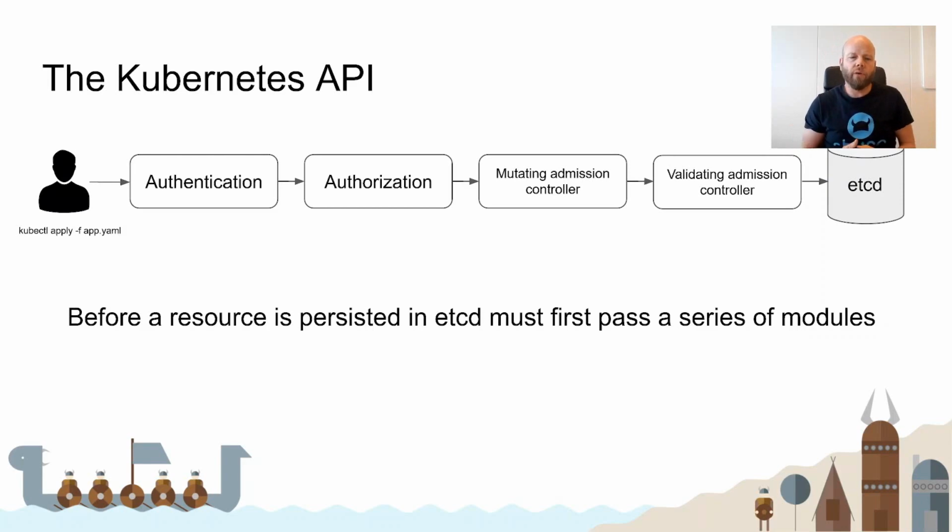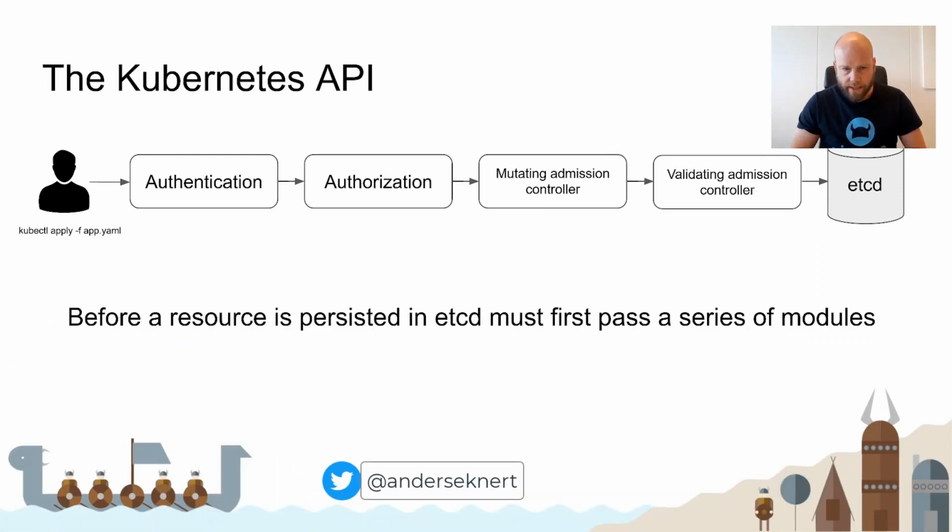Before that can happen though, that object needs to pass a series of modules. So that request needs to be authenticated. That's the first step. We need to identify who the user is, or who is behind this request. And of course, once we know the identity of the user, we can authorize the request, meaning we can say yes or no, we can approve this or we can't, based on who the user is, maybe what groups they are in, and so on.